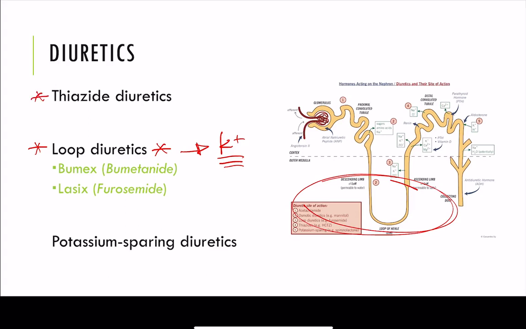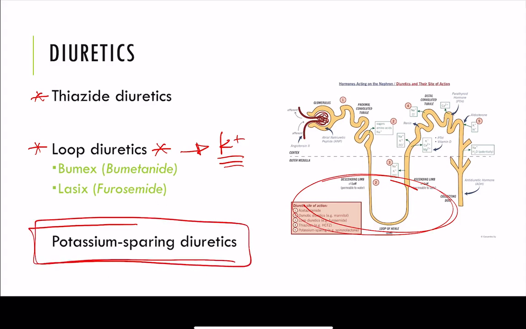Thiazide is a weaker diuretic that can also deplete potassium. That's why the class of drugs that actually don't deplete potassium are named that way, potassium-sparing diuretics. But that is a weaker diuretic. So our patient is on triamterene, which is a potassium-sparing diuretic.